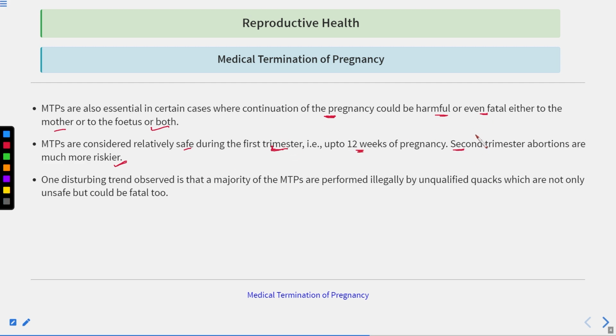Second trimester will be up to 24 weeks. So what happens if abortion is done in the first trimester? Abortion during the first trimester is relatively safer than going for abortion in the second trimester or third trimester or later during the pregnancy. Why? Because the first trimester is for 12 weeks.